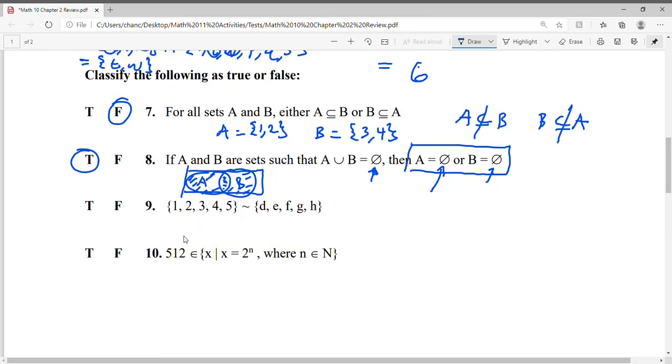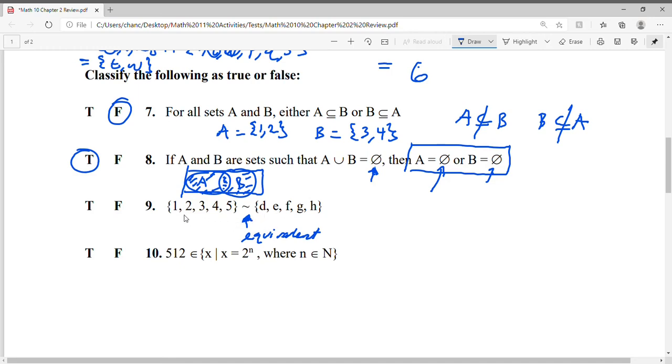In question 9, we have 1, 2, 3, 4, 5 is equivalent. This is the equivalent symbol, which means can I produce a one-to-one correspondence between the two? And we're asking, is 1, 2, 3, 4, 5 equivalent to D, E, F, G, H?